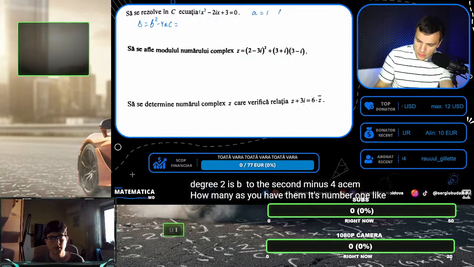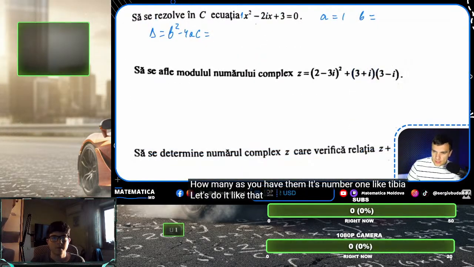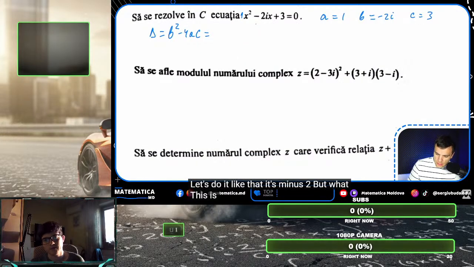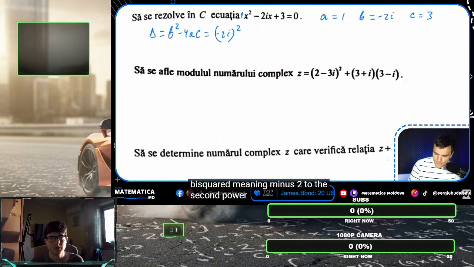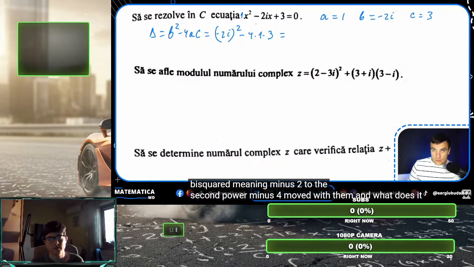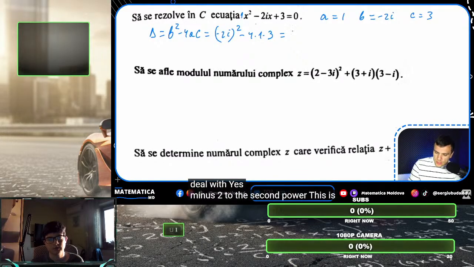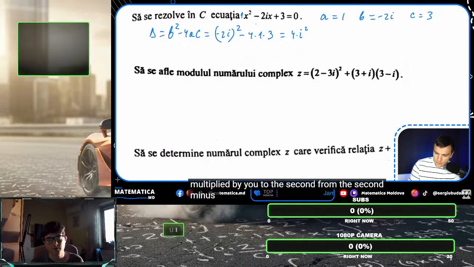It will be second power. Got an a there. Minus 2. c is 3. And we're gonna work from there. Second power, boom, 4, boom. Put down the c. 4i is gonna be there when you pop it. Second power, minus 12.